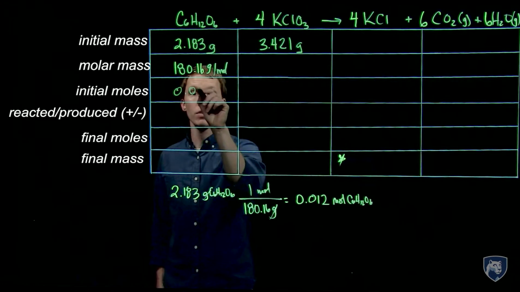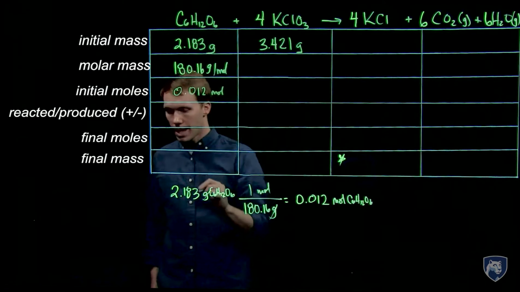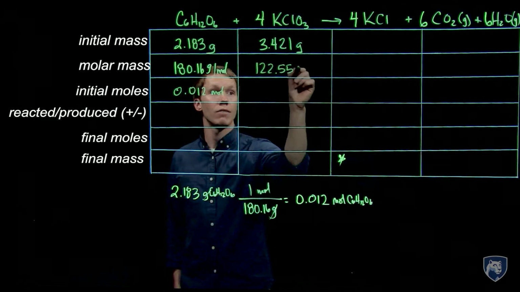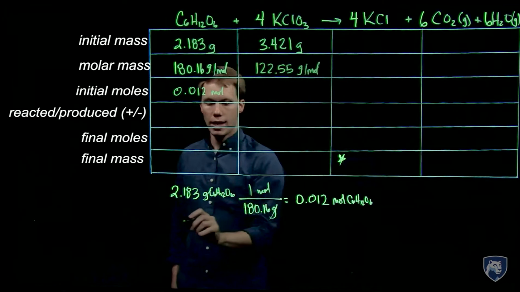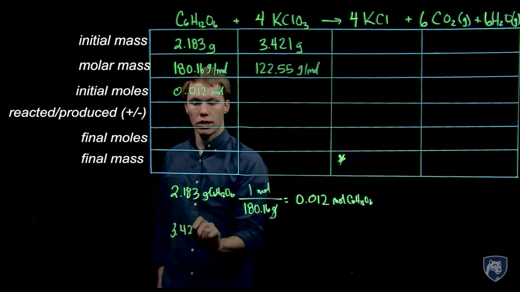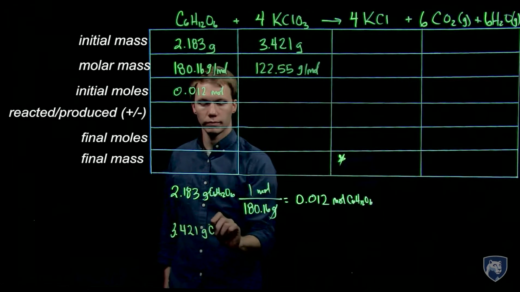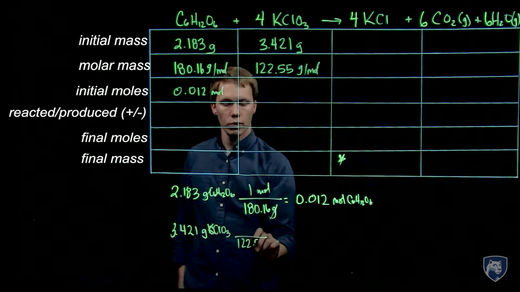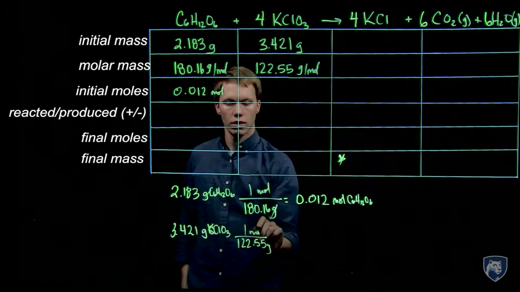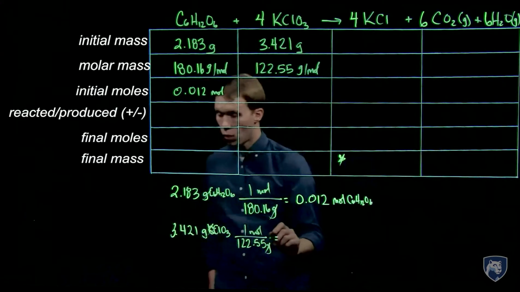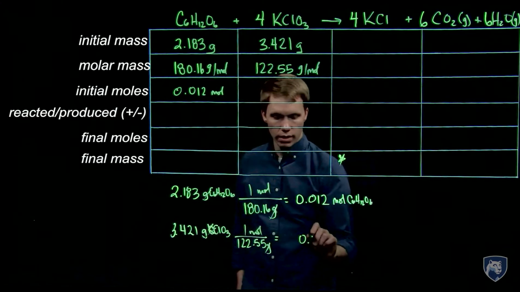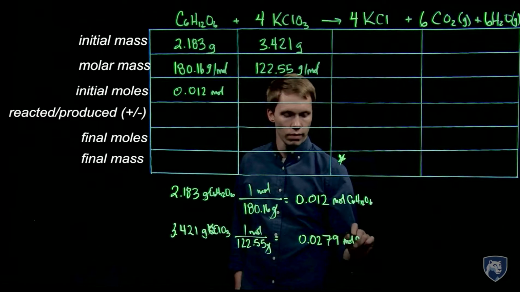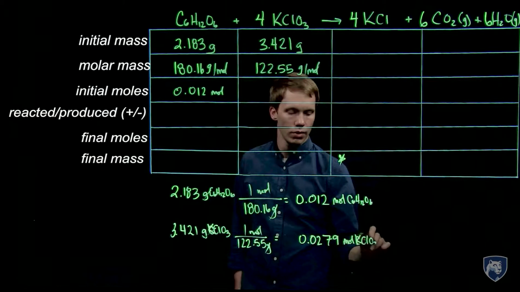And we'll do the same thing for the potassium chlorate. The molar mass is 122.55 grams per mole, and that calculation is going to look like this, where we divide again by molecular weight and get moles, 0.0279 moles of KClO3.